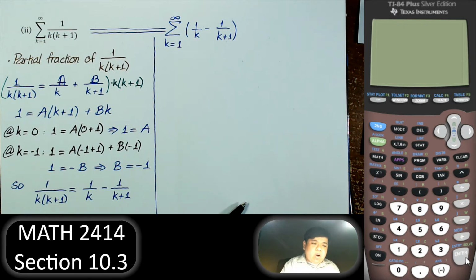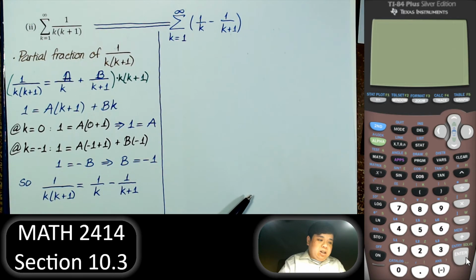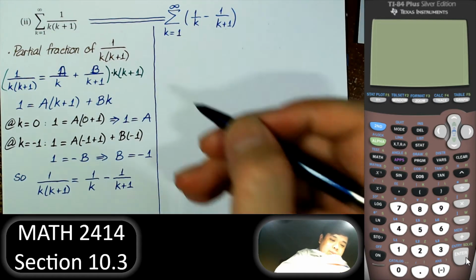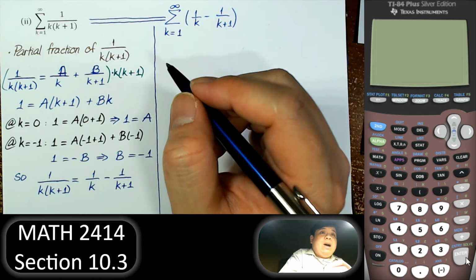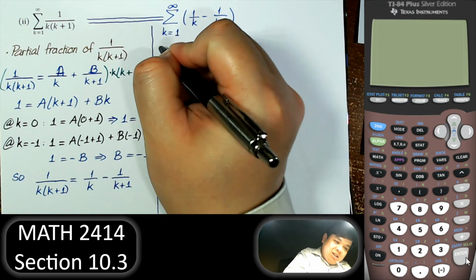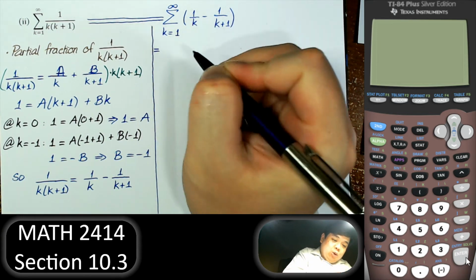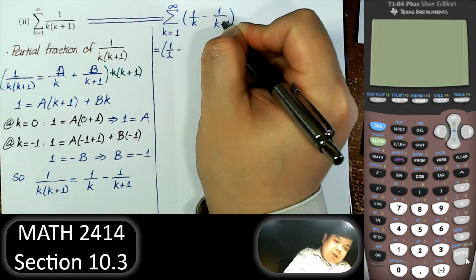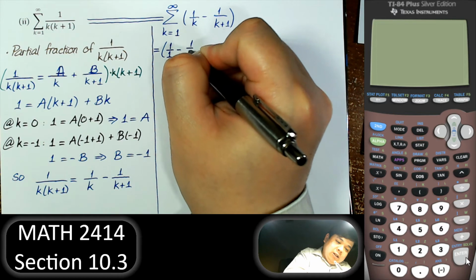Right. So that's nice and all, but how did that help us? Notice that we can write this out, and this is not in the geometric series. That at least we know it's not. So what can we do here? So why don't we just write out a bunch of terms and see what happens? Let k equal to 1 and put 1 in here.